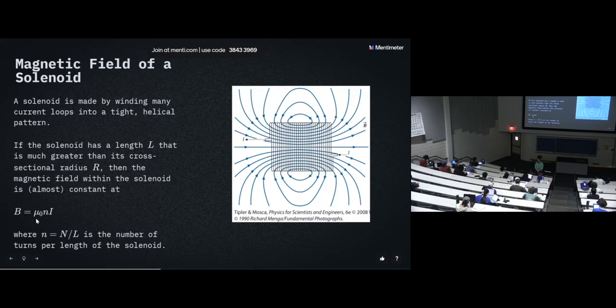Okay? We're talking about an ideal solenoid here. It's long, straight, and has many turns. If you break any of those assumptions, then the magnetic field inside that solenoid is not going to be constant. But for all the problems we're going to work, it gets really complicated if you break that assumption. So we're going to assume that the solenoids that we work with are long and straight.